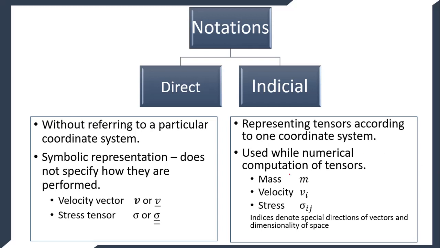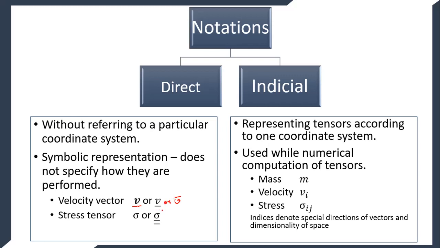And the way in which we can notate a vector or a tensor in direct notation is using an underbar. We already know that direct notation uses bold letters. When we type a vector, we use bold letters, while in writing we use a vector with an overbar. But in tensor analysis, we specify a vector as a vector with the underbar. These are different notations.